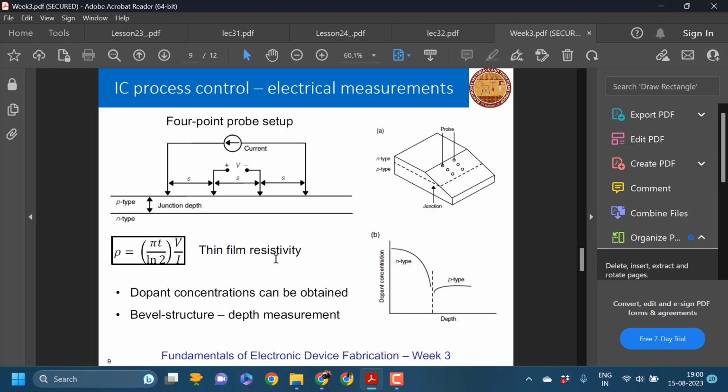So electrical measurement. Can anyone tell me how electrical measurements would usually be carried out? It's basically measuring one thing in the material. So what would be that thing? We can understand the entire electrical properties by measuring a simple thing. What would that be?